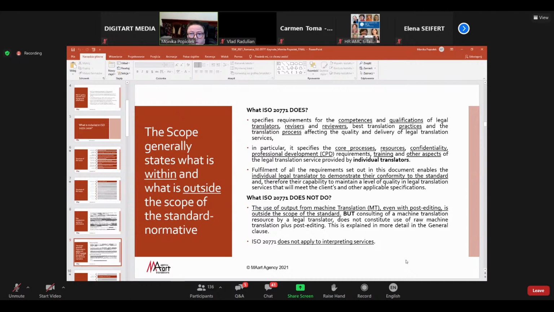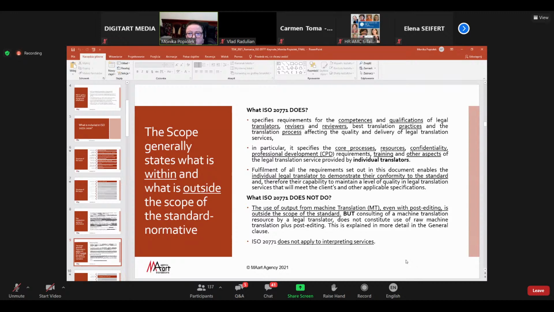In other words, a translation company, which we refer to in the ISO context as TSPs, that's translation service providers, because under that heading, you will have a lot of different types of translation service providers. So anyway, we discuss this later on.